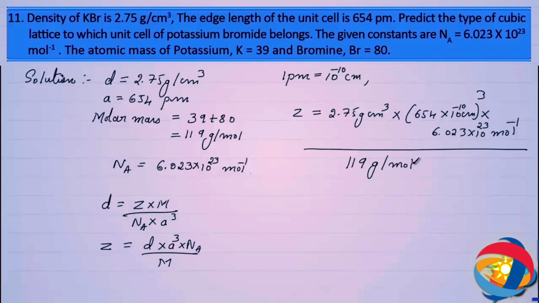After simplification, we get the value of Z as 3.89. By rounding off the above decimals into nearest whole number, we have Z as 4. If the number of atoms per unit cell is 4, then the potassium bromide has FCC unit cell arrangement.